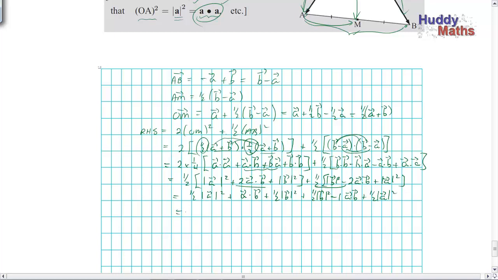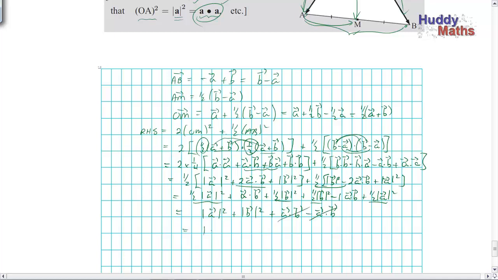Let's collect up the length of A squared. There's half there and half there. That's one lot of A squared, and then B squared, half plus a half, one lot of B squared. Plus A dot B, take A dot B, and they go out. So that's made it neat.